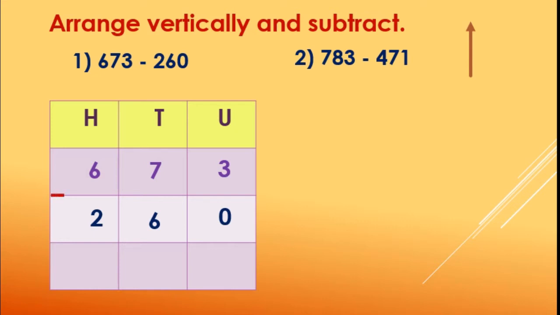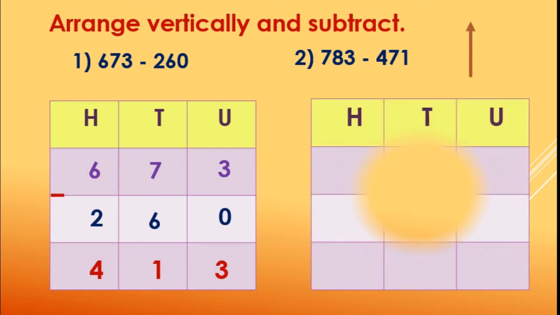We are going to give minus sign. Now we will start subtraction. 3 minus 0 is equal to 3. 7 minus 6 is equal to 1. 6 minus 2 is equal to 4. Dear students, vertically means one above the other. We have to write in this format.